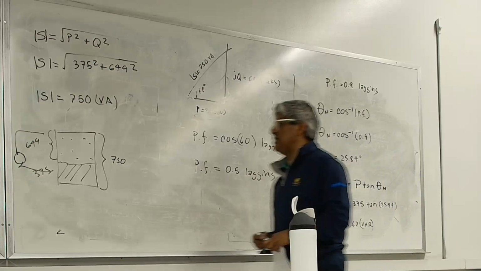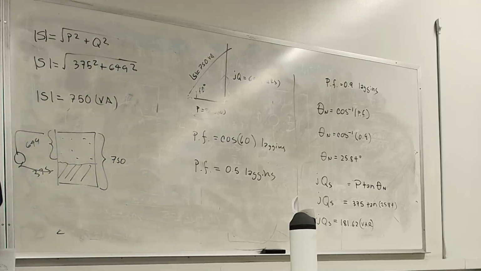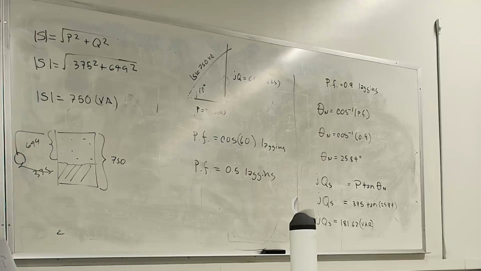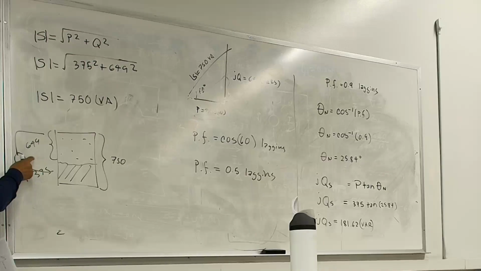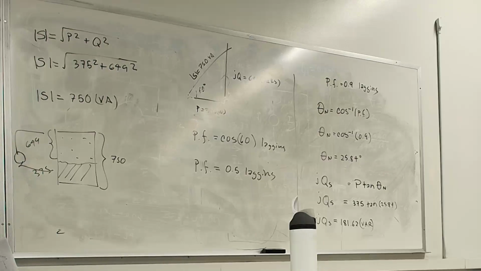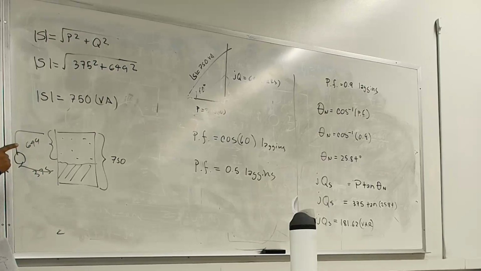So what you're telling me is I'm going to improve the power factor from 0.5 to 0.9. What that is going to result in is the utility only giving you 181 vars.